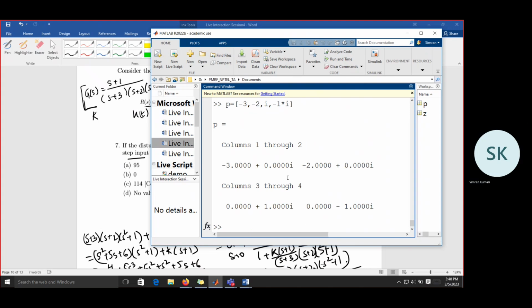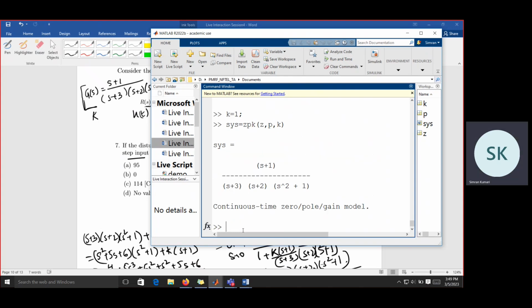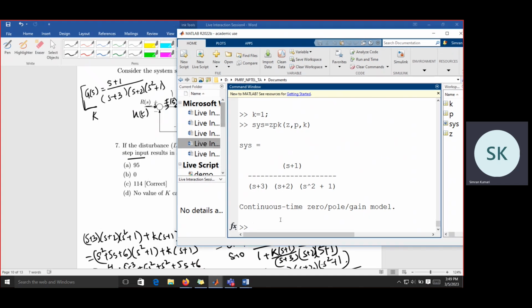So these are the poles, and the gain we'll set as 1. We call the function zpk with z, p, and k, and it gives us the system. This is a transfer function which is similar to this one. Now for this transfer function, we'll get the root locus.